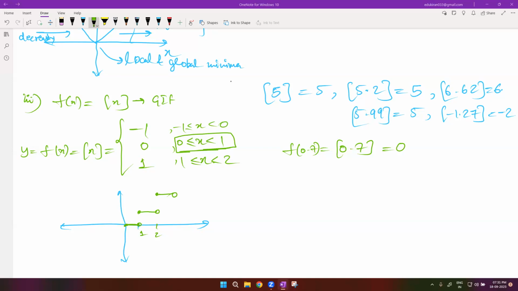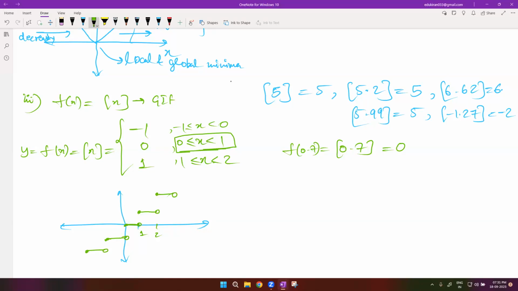And this graph is constantly moving in stairs. Like this. Now you can observe.